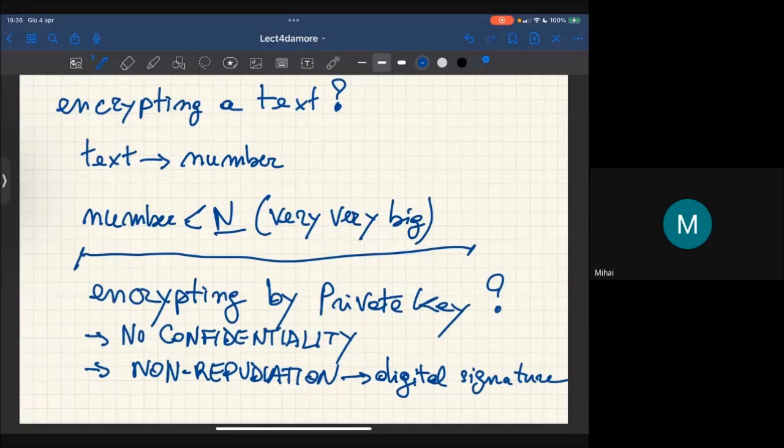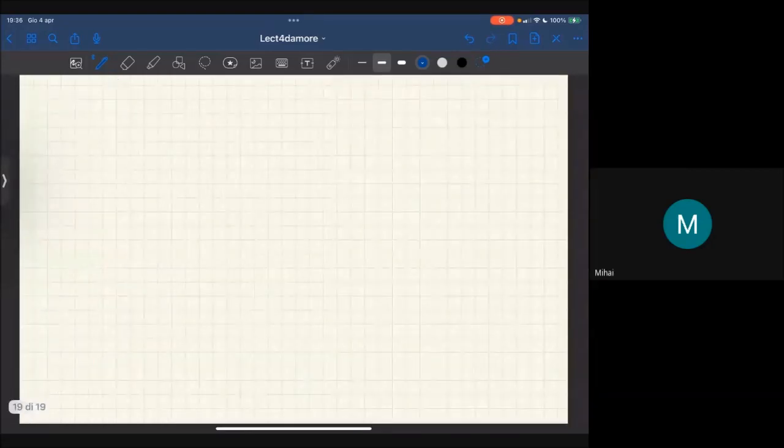And now I want to describe the mechanism for associating a public key to users.